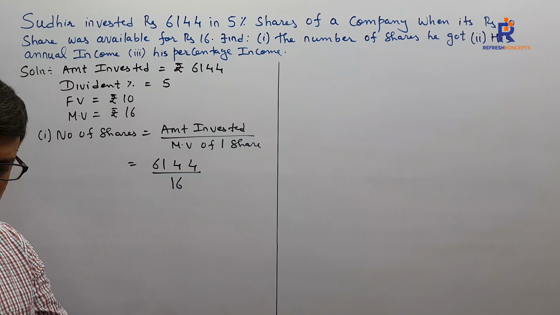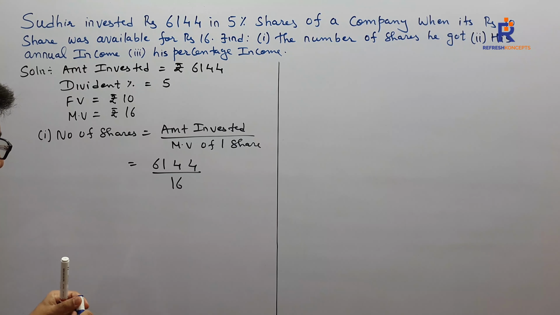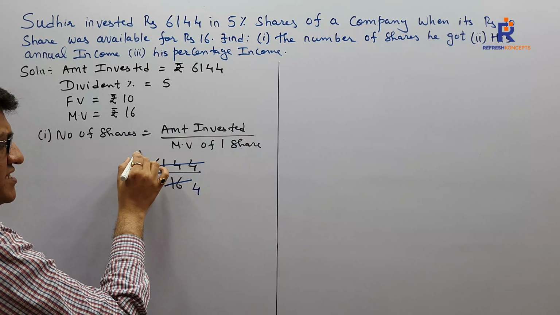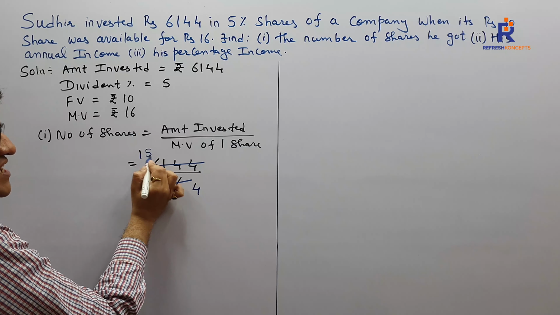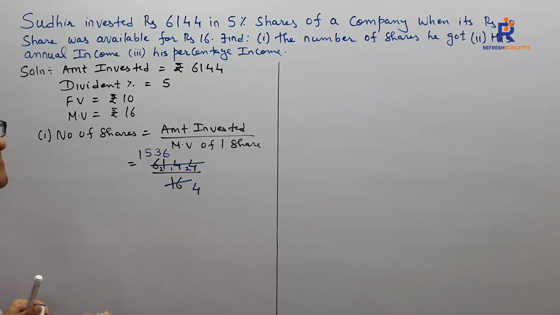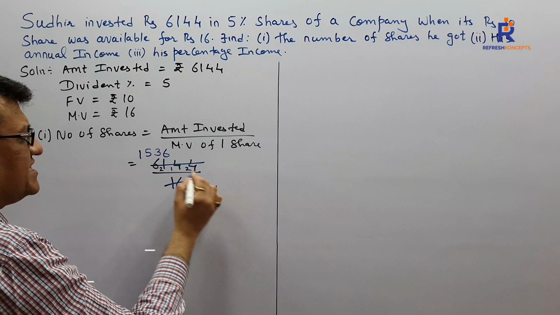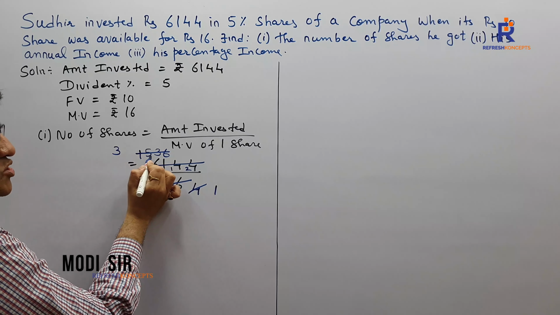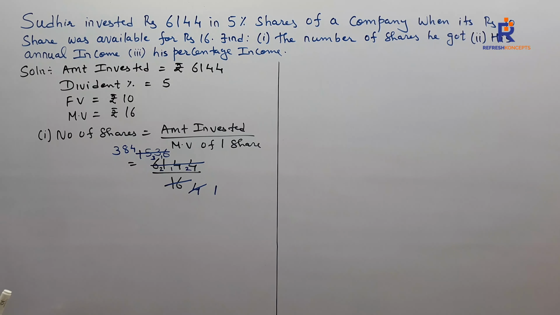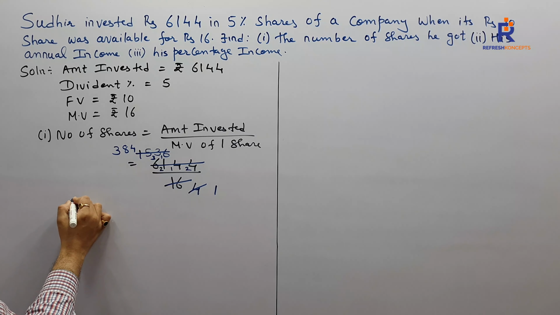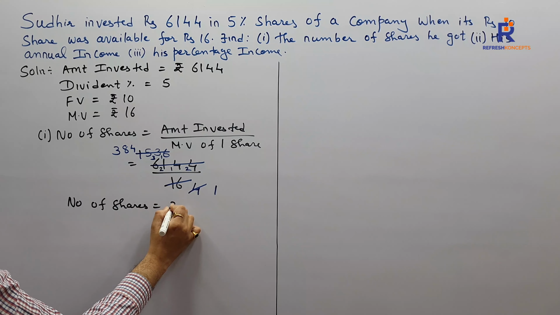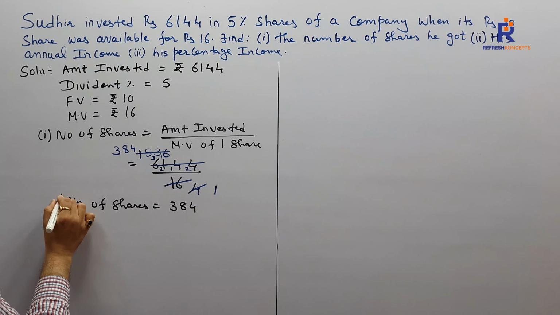Let's go for cancellation. 4 times 4, 4 5 times 20, 4 3 times 12, 4 6 times, and again, 4 3 times 12, 4 8 times 32. So how many shares? The number of shares is 384. My first answer.